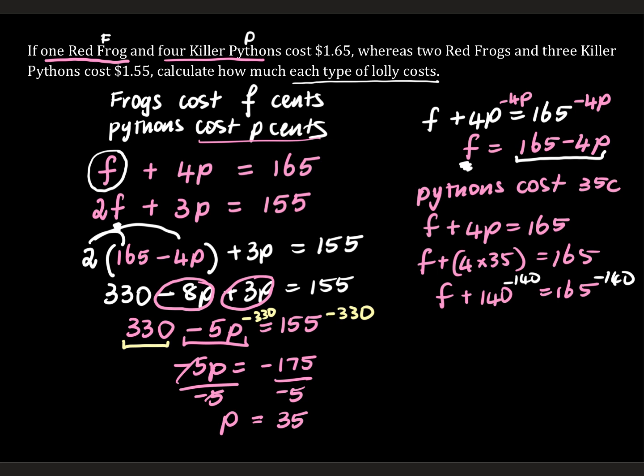That'll give me F equals 25. So what does that mean? Frogs cost 25 cents. Okay, then we could just try that. One red frog, that's going to be 25 cents, plus 4 killer pythons, 4 times 35, and that equals $1.65, so we're correct.